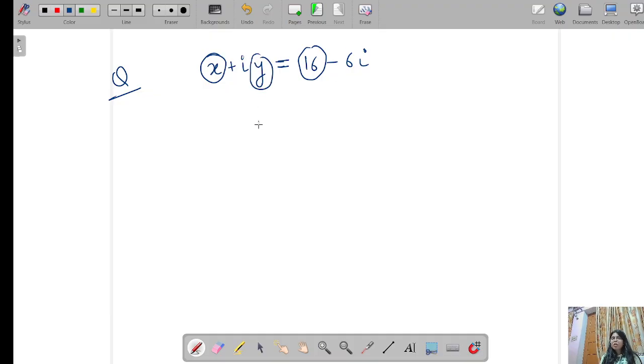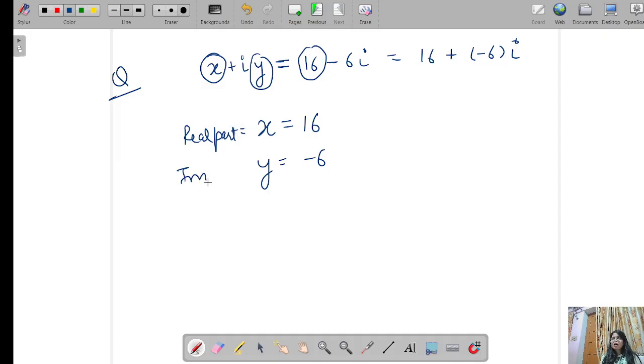This can only be possible if x is equal to 16 and y is equal to minus 6. I have to take it as whole. The coefficient of iota, I can write it as this in the general form. Yes, so here I am taking y, the imaginary part, as minus 6. This was the real part and this was the imaginary part.